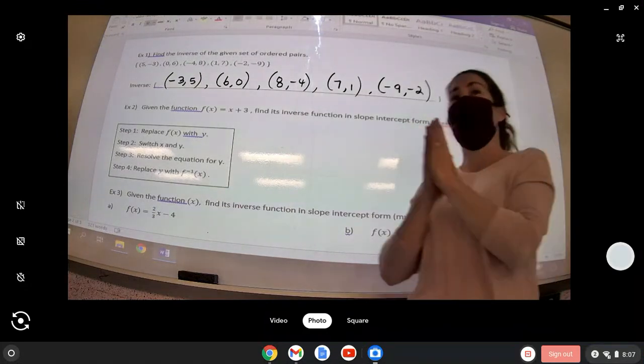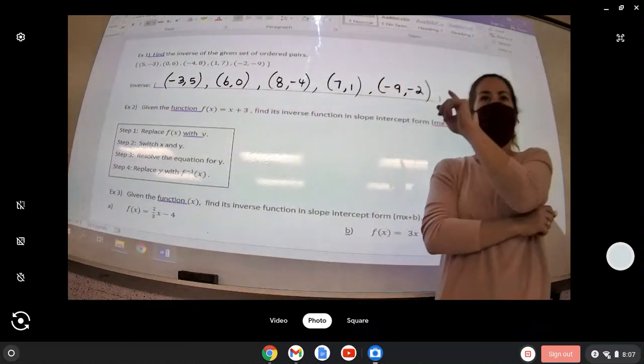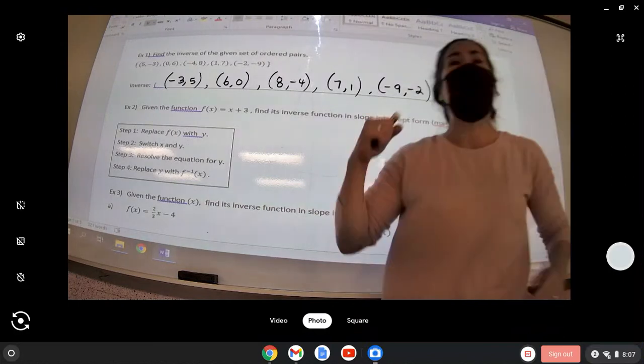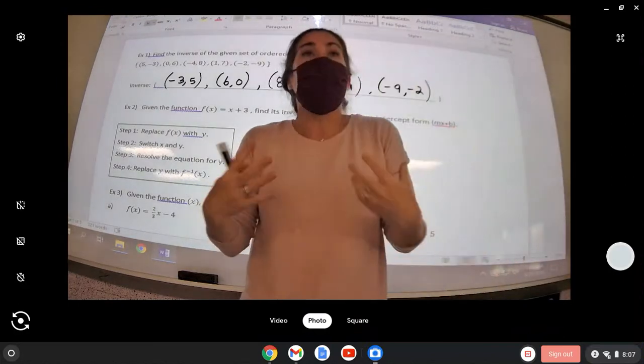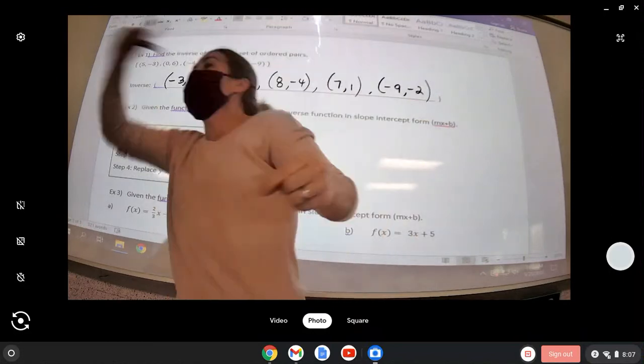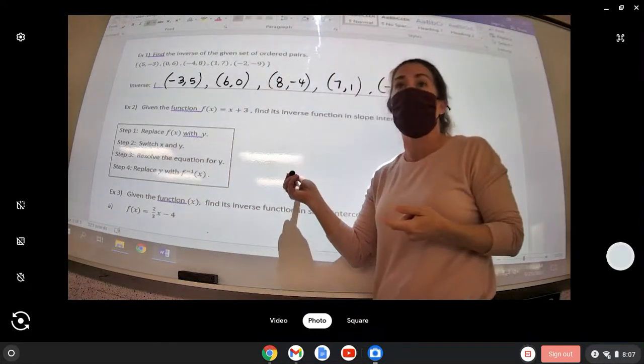If this function is going to add 3 to something, what operation would undo that and make it act like it never happened? Subtract 3, yes. So think about it. That's what we want the inverse to do. We want the inverse to take the input and subtract 3. That's what we need it to do. So let's see if we can get that function.